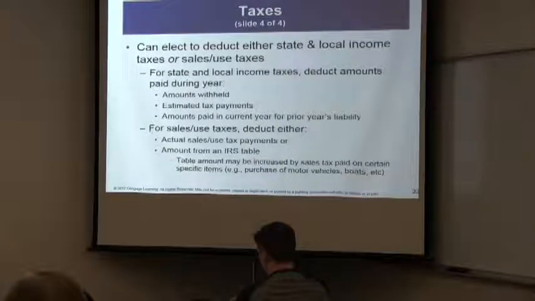I may have told y'all, over spring break, I filed my own taxes, and we bought a house this year, so we itemized our deductions for the first time. And I kind of wasn't thinking about it. But I realized I should have been keeping up with all these receipts, because I can deduct my sales tax this year. This is the first year I'm going to be able to do it. So I spent part of spring break looking through my filing cabinet and my email and my Amazon account, and I had a little spreadsheet trying to find all the sales tax that I could.